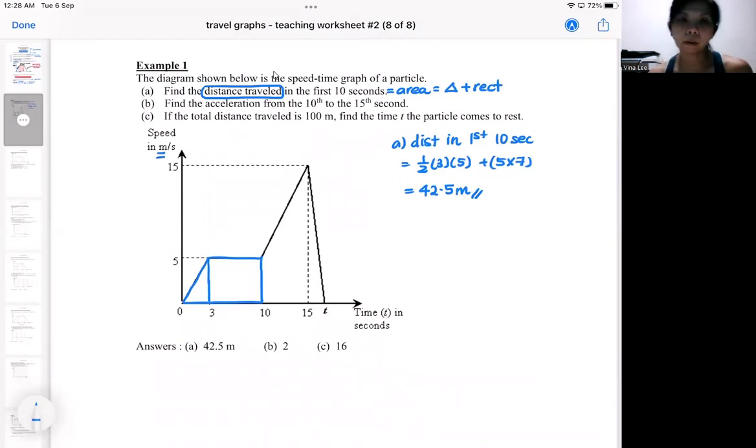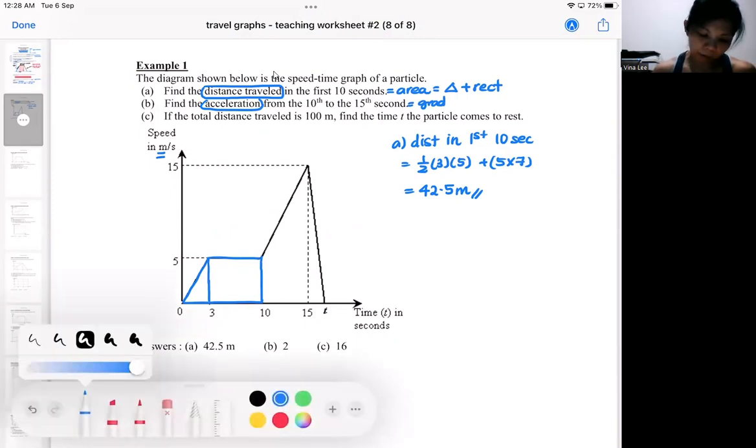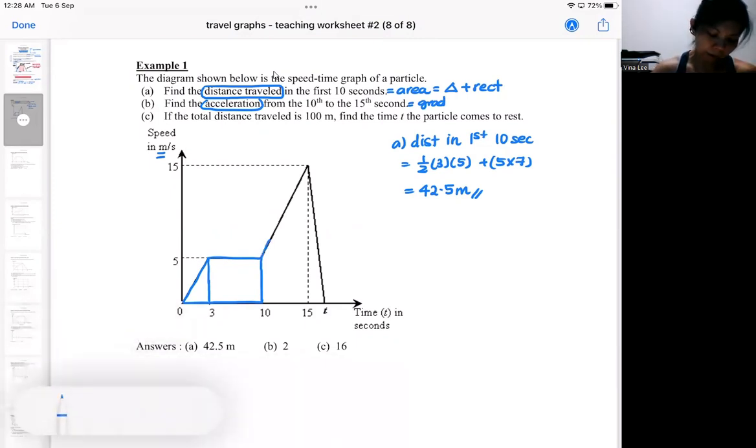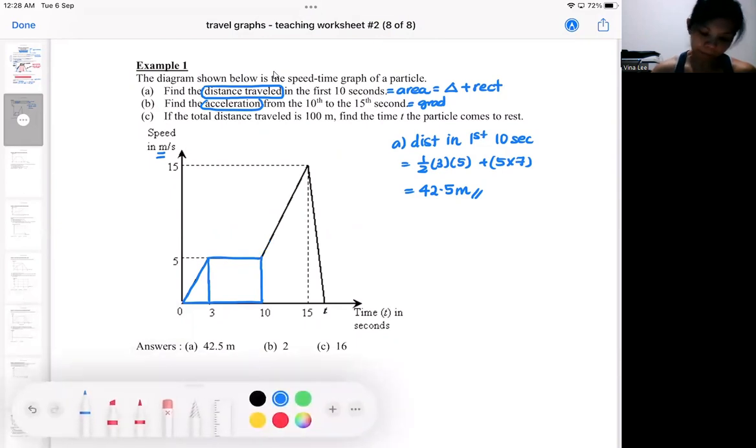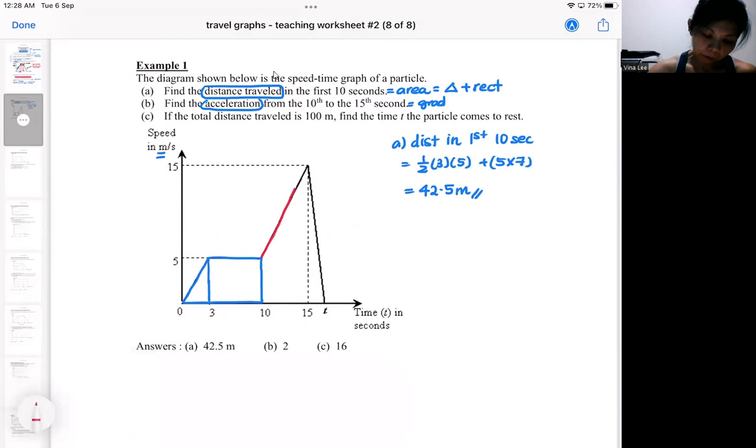Okay, the next one, we are finding the acceleration. So that is the other feature. The acceleration will be the gradient. So from 10 to 15 seconds, I'm interested in the whole gradient here. You can use vertical over horizontal, or you can use coordinates. If I'm using vertical over horizontal, look at the vertical.